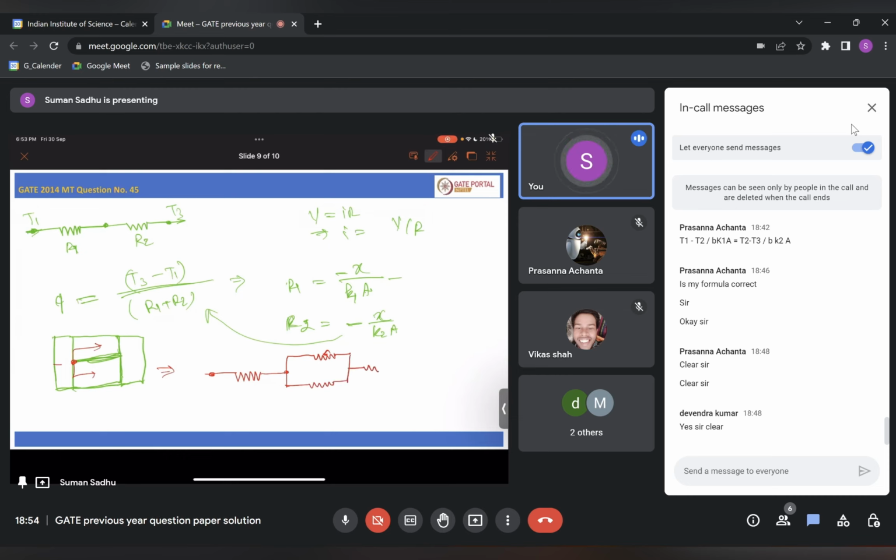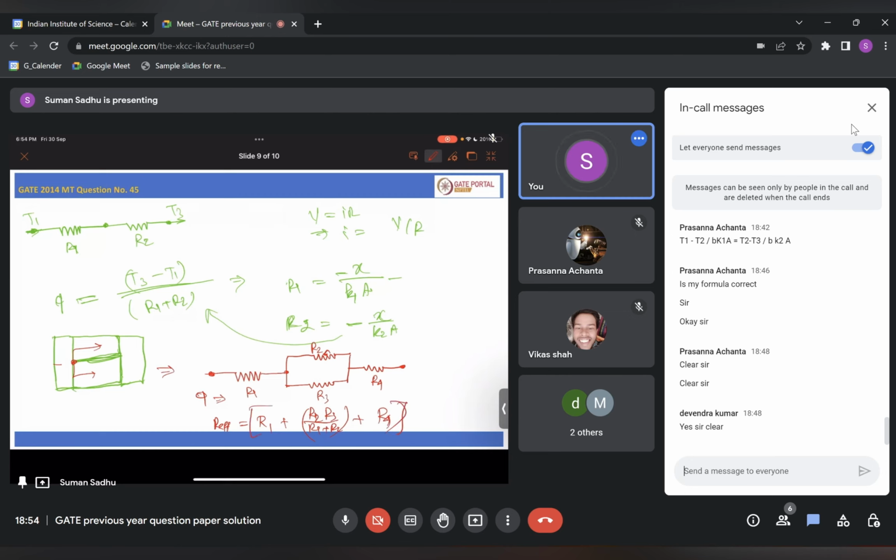Again, one series. In this case, what will be the Q? Q will involve R1, R2, R3, R4. So what will be the effective resistance? R effective will be R1 plus, for the parallel part, R2 R3 by R2 plus R3, and then plus R4.